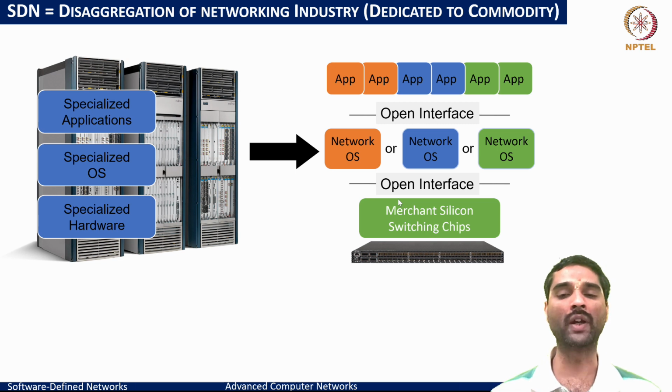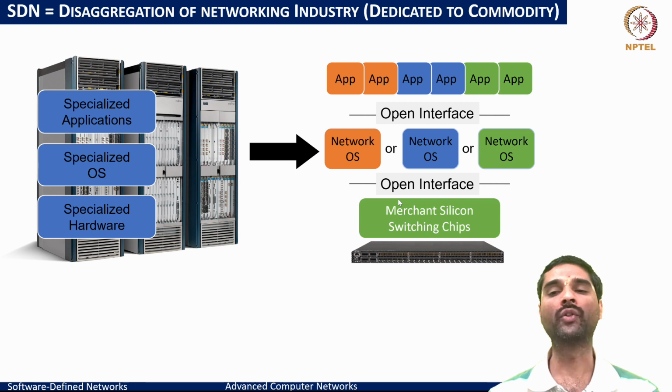For example, this could as well be just our personal computers. And now we can run the network operating systems on top of these personal computers. Once we have these network OS that provide open interfaces, we could readily build any of the applications at the top to utilize and run the required characteristics on these networking devices. And the open interface at the bottom would also mean that these commodity hardware can now be programmed for the way that we would want the routers and switches to behave.